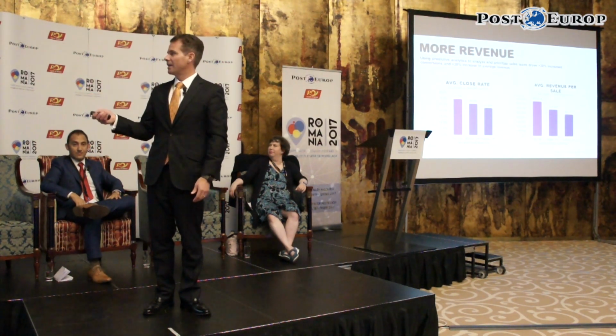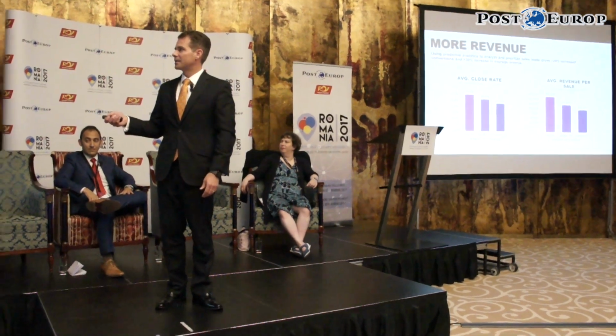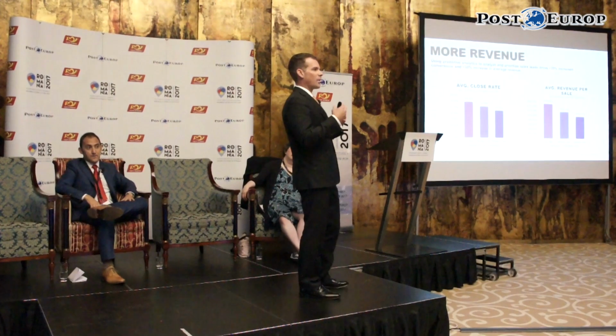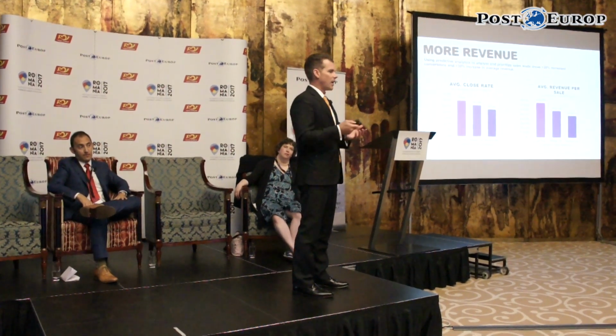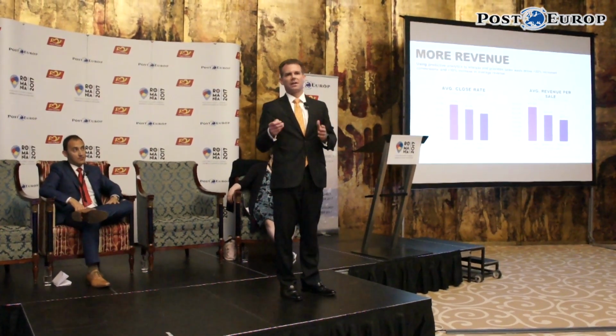And what you see here is the results. As they worked those highest ranked, they were over 20% more likely to convert. Right? They improved their conversion rate by over 20%. And more importantly, they improved the revenue from those by over 30%. Very simple process change.